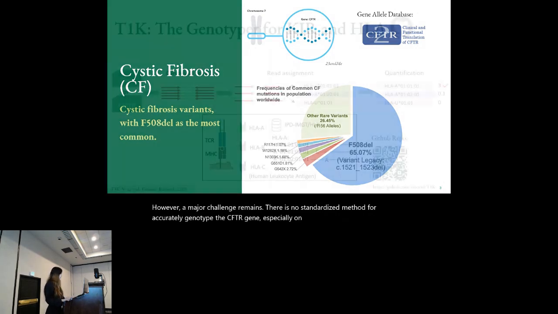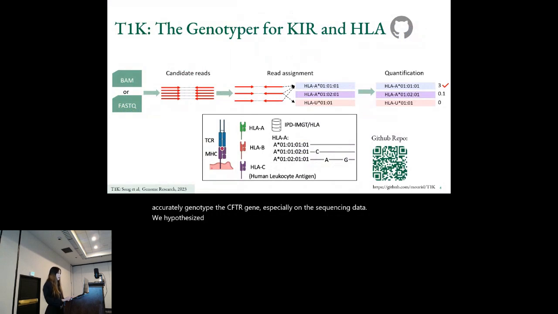We hypothesized that a genotyper for highly polymorphic genes like HLA and KIR can be extended to genotype CFTR. These immune gene families can have thousands of highly similar alleles and require specialized methods for genotyping.